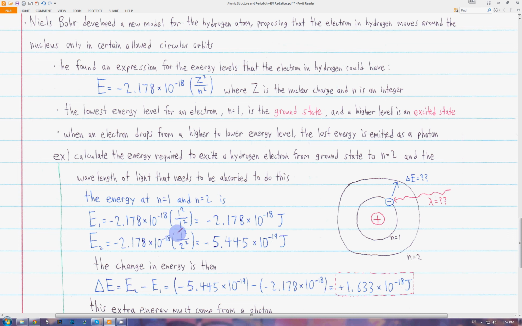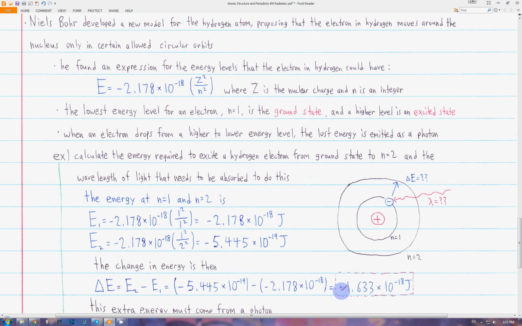So if we plug in n equals 1 and 2, then we get these two values, and the change in energy is simply the final energy at n equals 2 minus the initial energy in the ground state. So in going from level 1 to 2, it had to absorb energy, because we can see that the sign is positive. If it was negative, that would mean it released energy. And that happens when an electron moves from a higher to lower energy level.